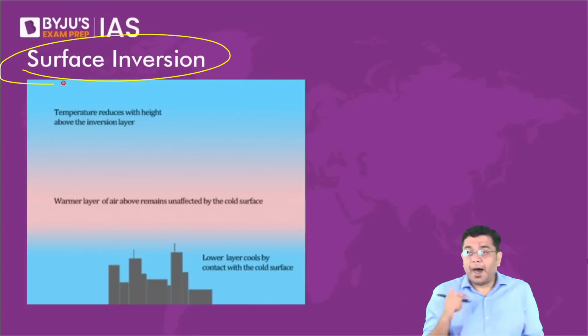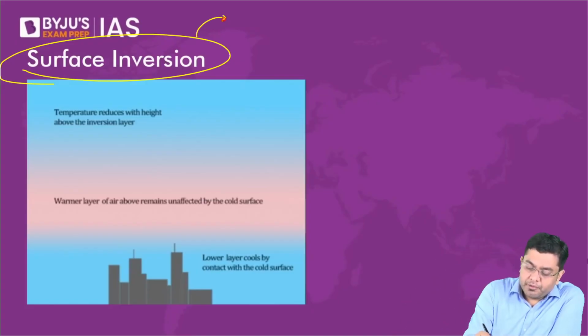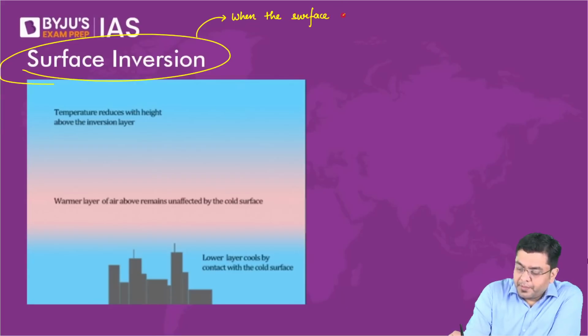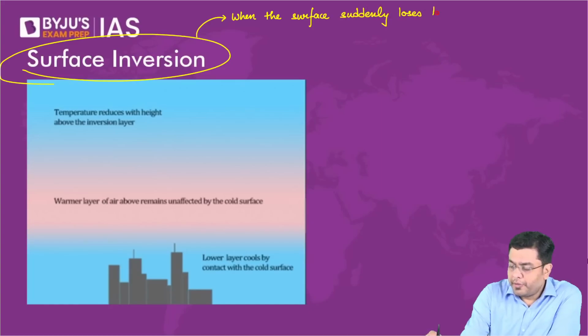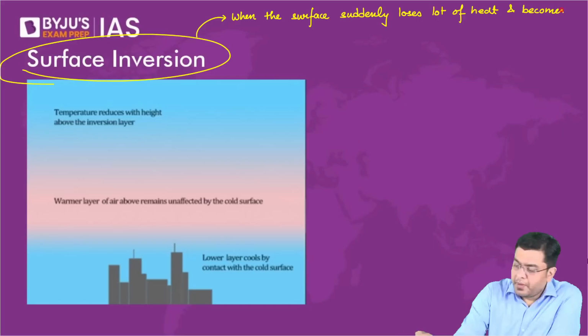So let us understand how this happens. This is generally observed when the surface suddenly loses a lot of heat and becomes very cold.